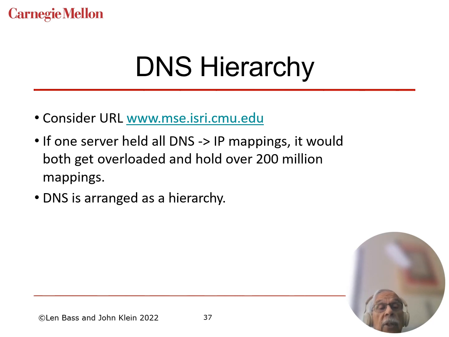So let me talk about the hierarchy of the DNS. So if you look at the URL www.mse.isr.cmu.edu, and if all this was one server, then the server would get overloaded from requests, and it would hold a lot of mappings.